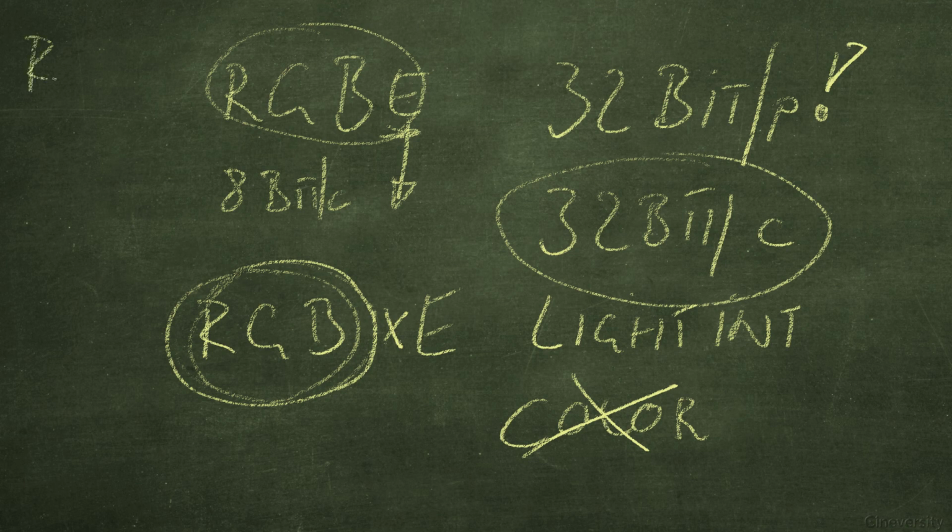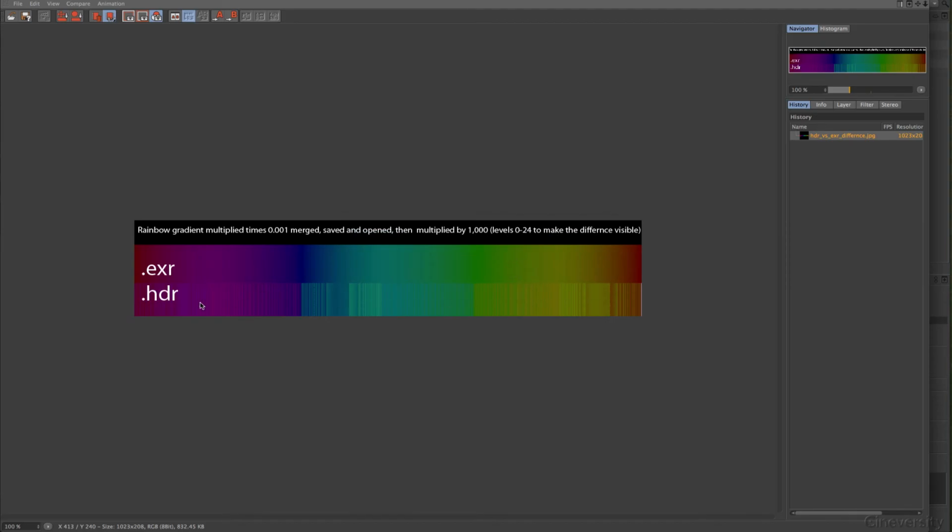OpenEXR has, by default, when we use it per standard, 32-bit, 32-bit, 32-bit per channel each time, and independent. So the blue can go up to the sky, and R and G could be very small, which is not possible with this one here. And again, when I go back to this, I haven't even started to use any values beyond 100% in the classical way.